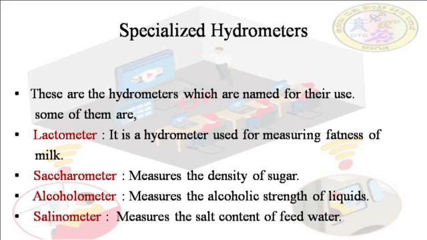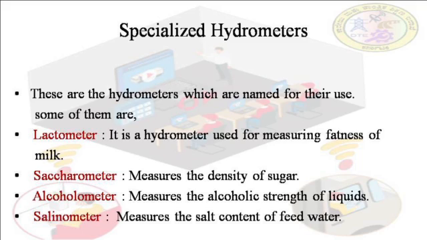So next is specialized hydrometers. Specialized hydrometers are the hydrometers which are named for their use. Some of them are, the first one is lactometer. Lactometer is a hydrometer which is used for measuring the fatness of the milk.